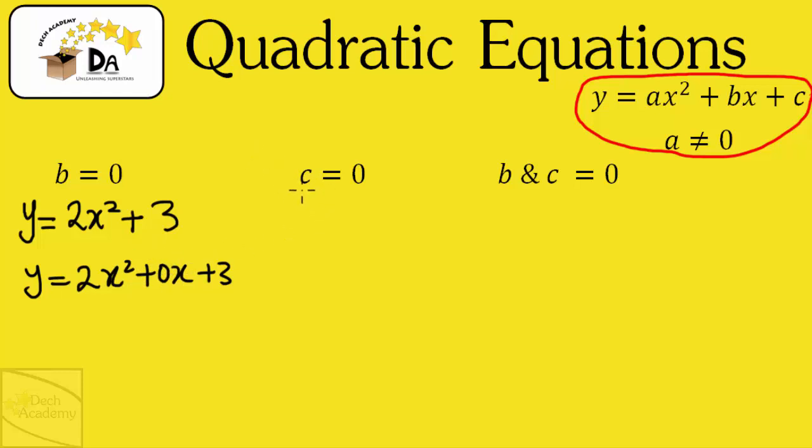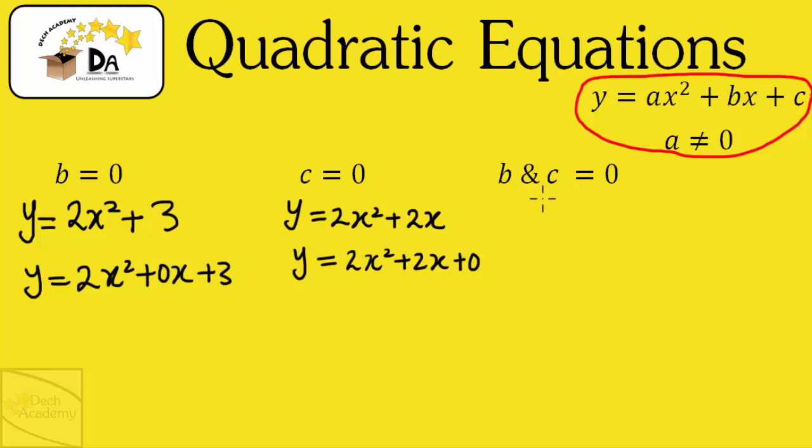Similarly, you can have quadratic equations where c equals 0. The constant term is non-existent. So an equation of the form y equals 2x squared plus 2x will be such an equation, because this equation can be written as y equals 2x squared plus 2x plus 0, and you can easily say the constant term is 0.